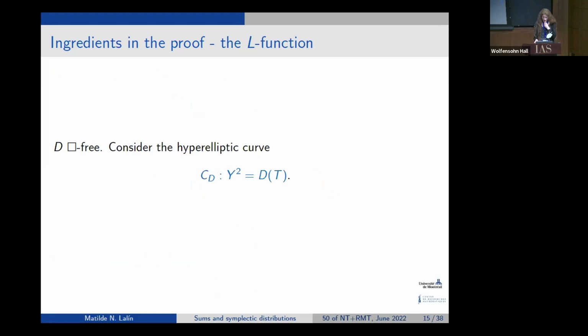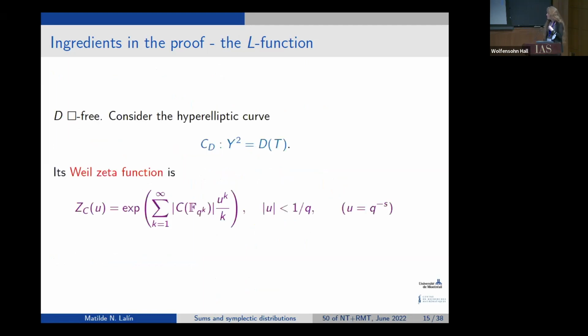Now, we can understand this also from the geometry. If we have D square free, and this is the D that I had before, we can consider the hyperelliptic curve defined by the equation y squared equals D(t).